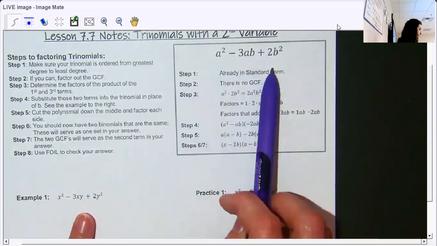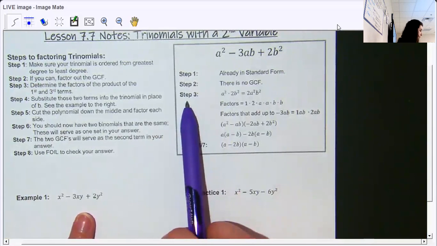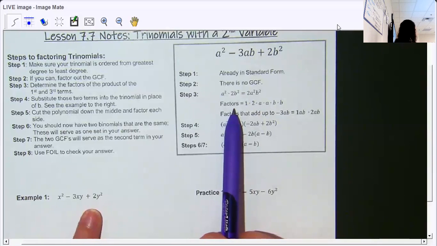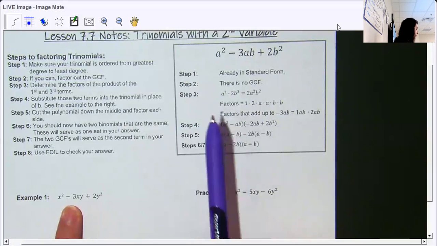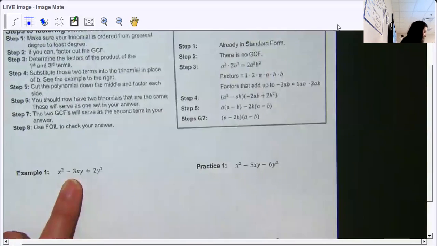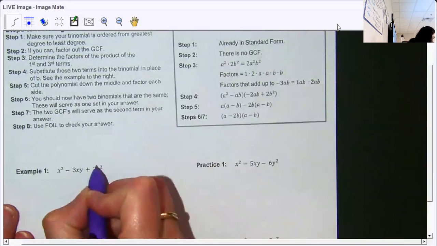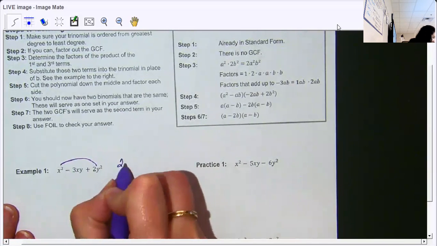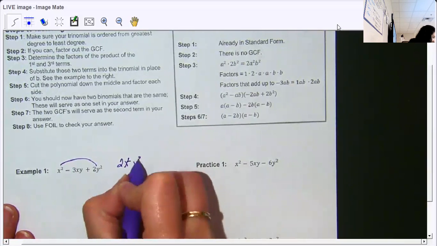Step 3, you're going to take factors of 2x squared y squared that add up to a negative 3xy. So let me show you over here what we're doing. We're going to multiply the first and third terms, and we get 2x squared y squared.